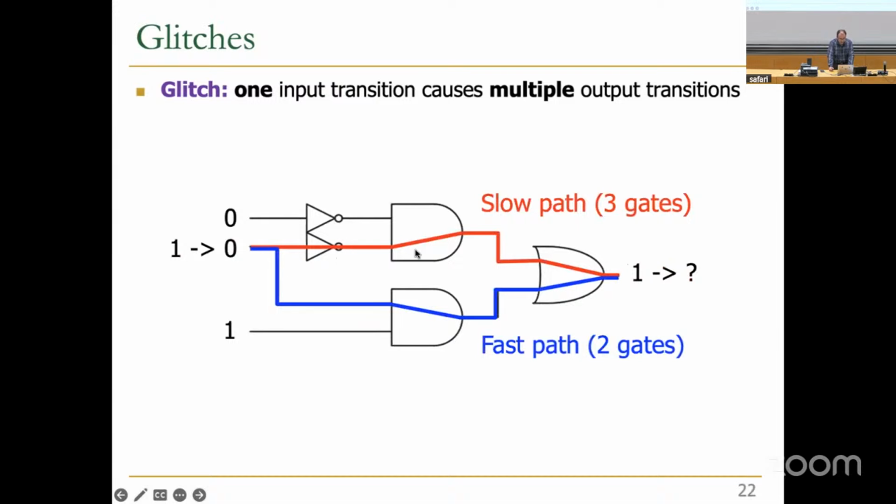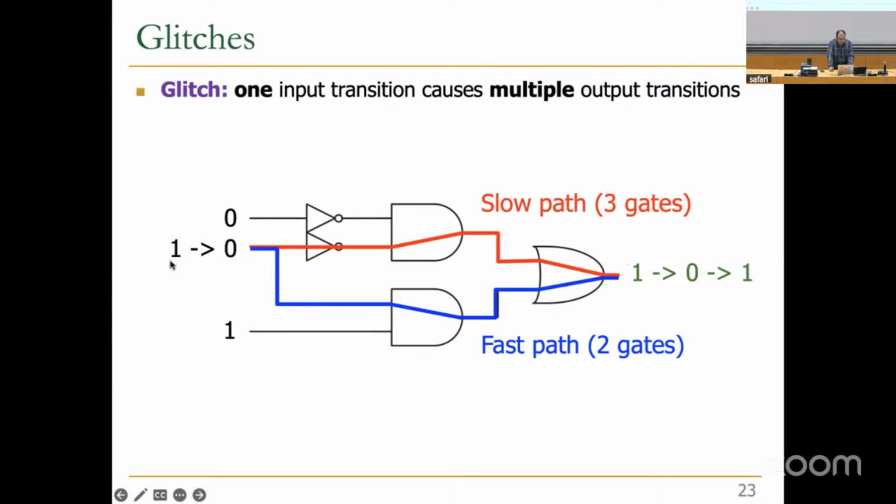So the thing is that usually glitches happen when you have different paths to drive the output, and you have slow and fast paths. Here you have this slow path that passes through 3 gates, and here is your fast path that passes through only 2 gates. As a result, you can see that the output will go from 1 to 0 and then to 1 again. Why is that?